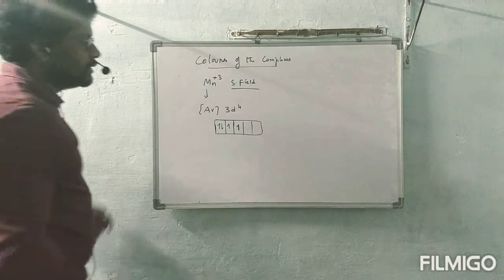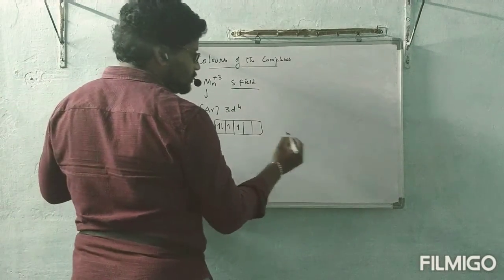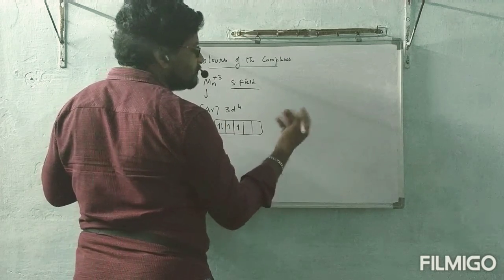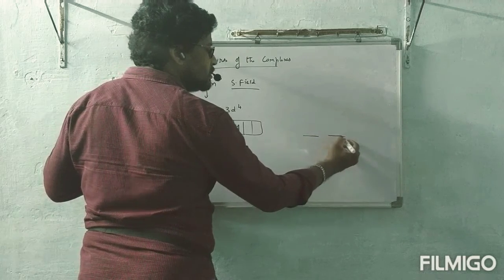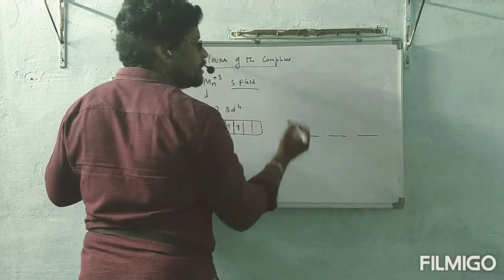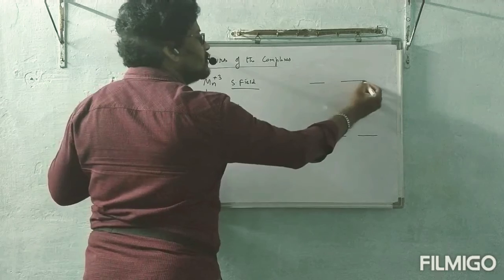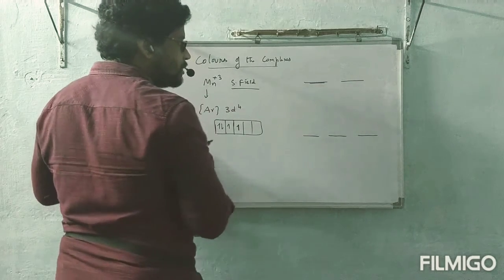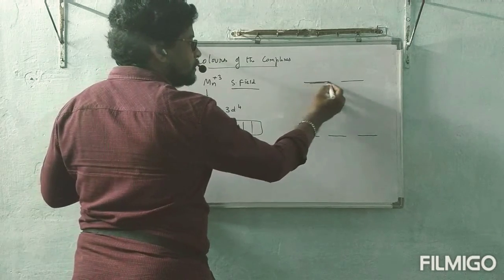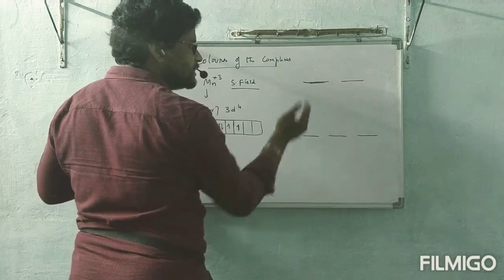3d4. Now see, the d orbitals in the presence of a strong field or weak field ligand are split. So 3 orbitals are in the low energy state, and 2 orbitals are in the higher energy state.